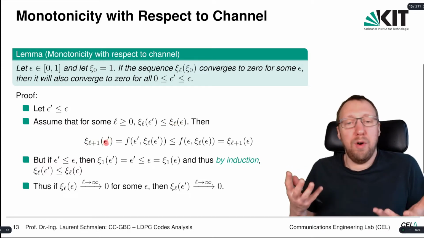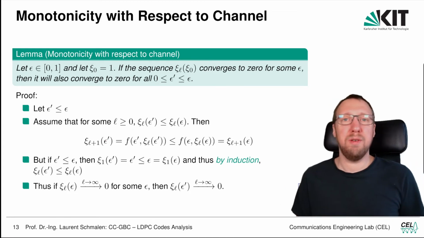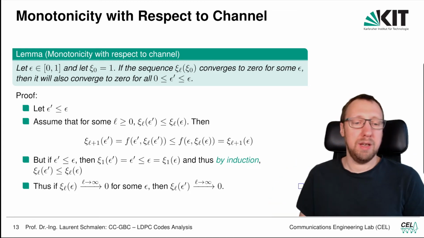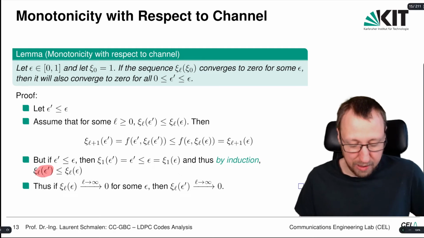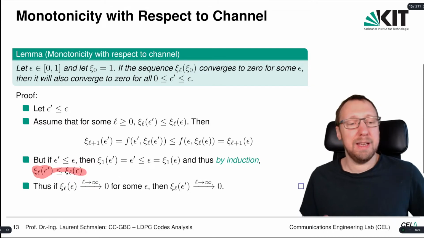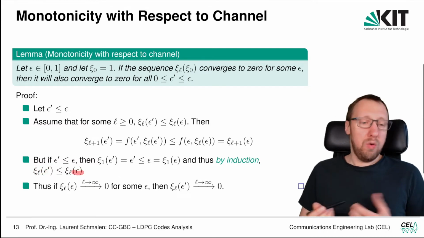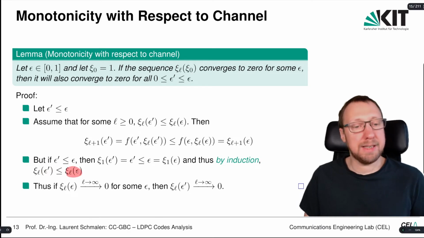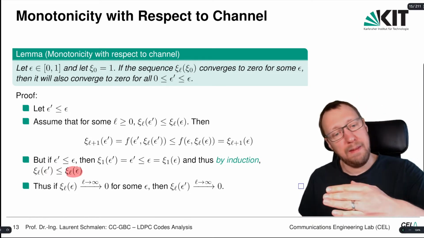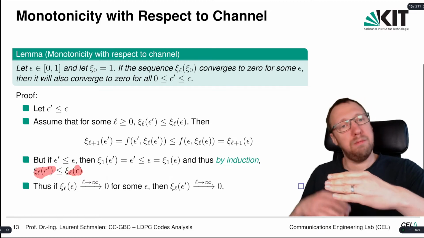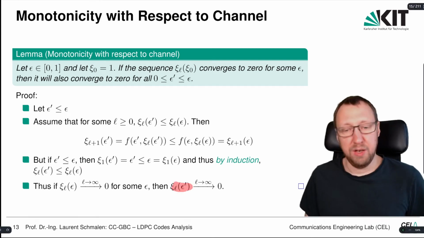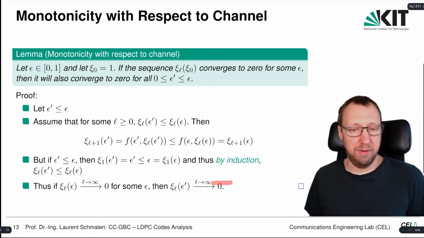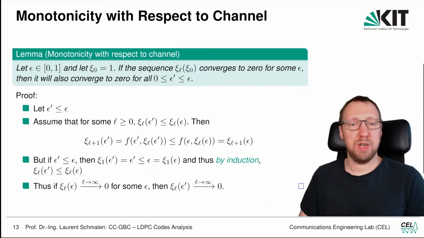So we have all the ingredients for a nice little proof by induction. We get that any C_L of epsilon prime is smaller or equal than C_L of epsilon. Which means if the sequence C_L of epsilon converges to 0, because this one is always smaller or equal, then by the sandwich theorem, this sequence will also converge to 0. And we have shown monotonicity holds as well.